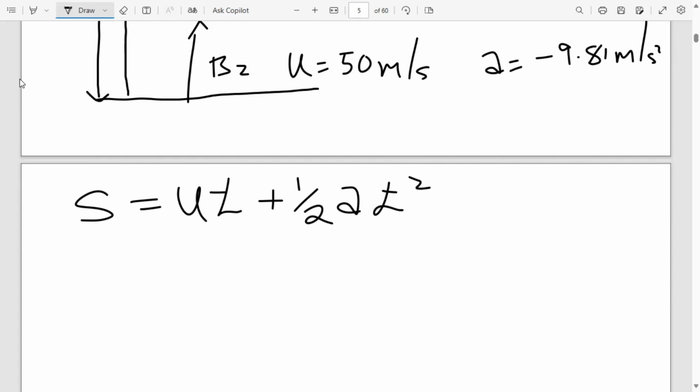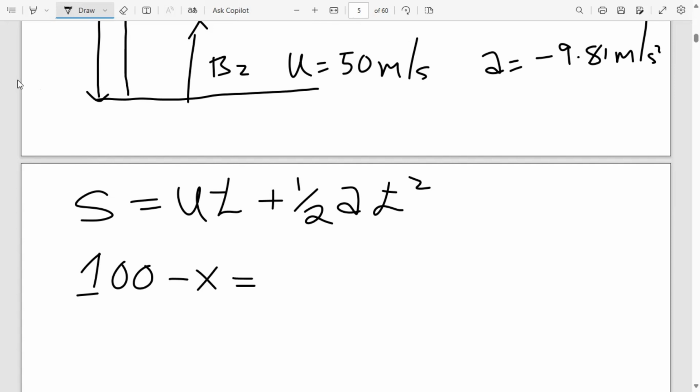We know the distance, the initial velocity, and the acceleration. The distance is 100 minus x.